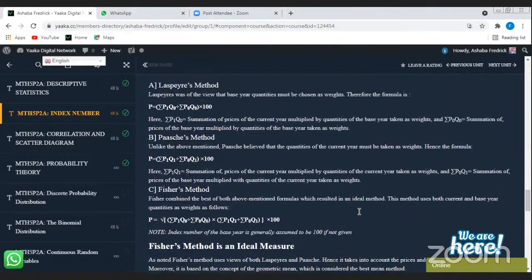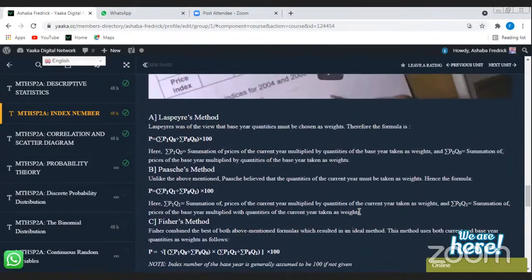And then we also have Laplace method. So the one of Laplace is that one measures the quantities. So you get price P1 times Q1 when you see here, divide by summation of P naught times Q naught, and then you multiply by 100.